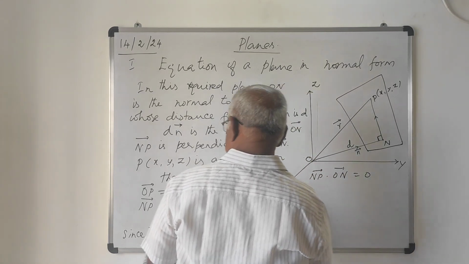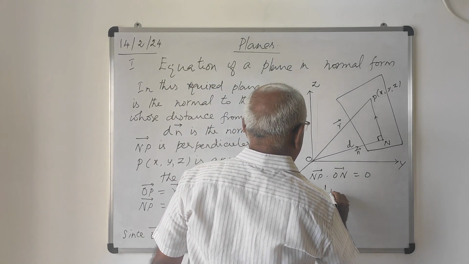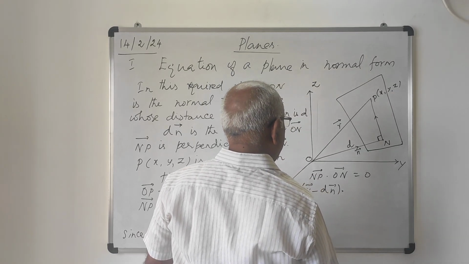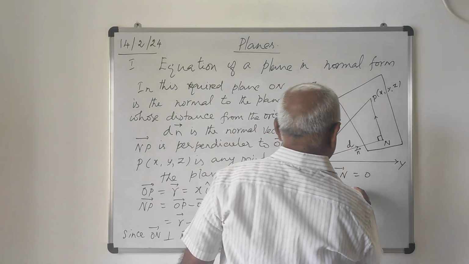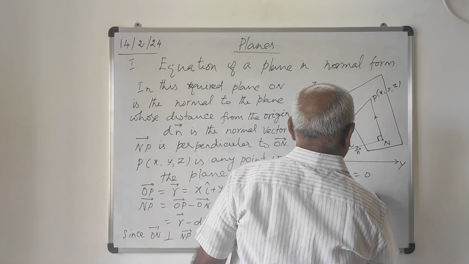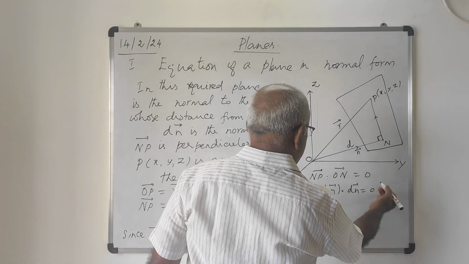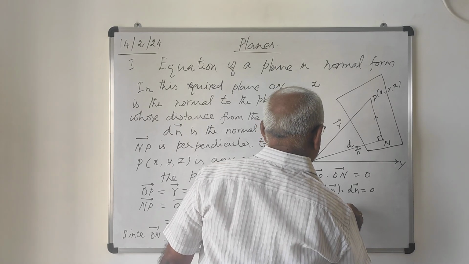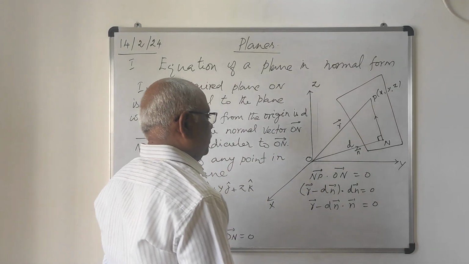NP is R minus D n vector, dotted with ON, which is D into n vector, equal to 0. Dividing by the scalar D, it becomes R minus D into n vector dot n vector equal to 0.